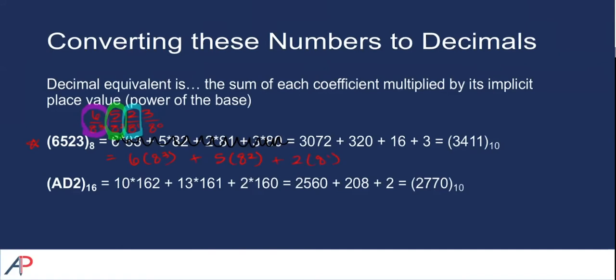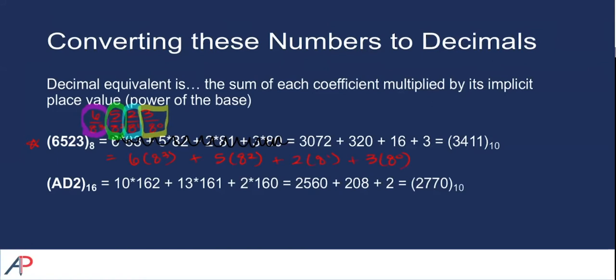And last but not least, we have our rightmost place value, which is 8 to the 0 power, and its value 3. So we would multiply this and we could simplify.